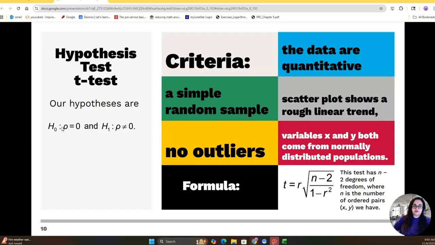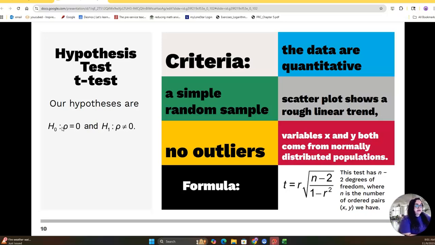We know nothing about how they're correlated. And then our alternative hypothesis, in this case H sub 1, is rho does not equal 0. So we're just testing, is there a correlation? There either is 0 correlation or there is not 0, which means there is some correlation. And then we'll say afterwards whether it's positive or negative based on the correlation coefficient.